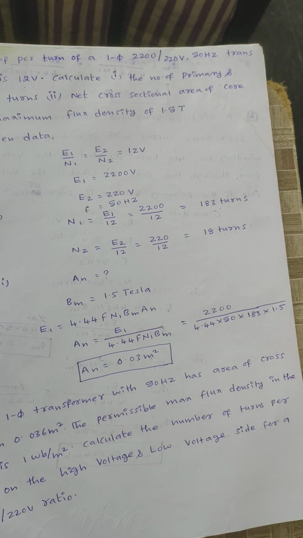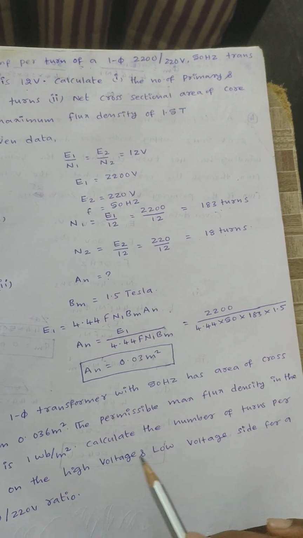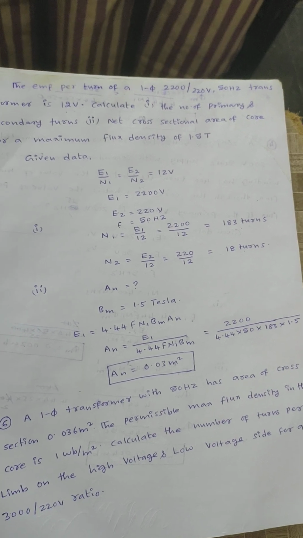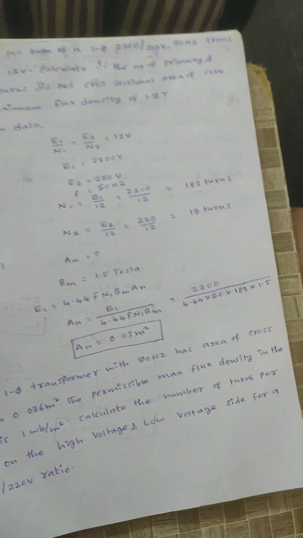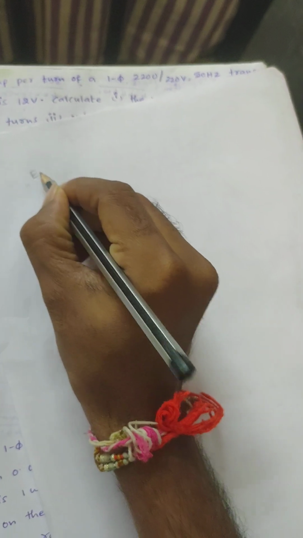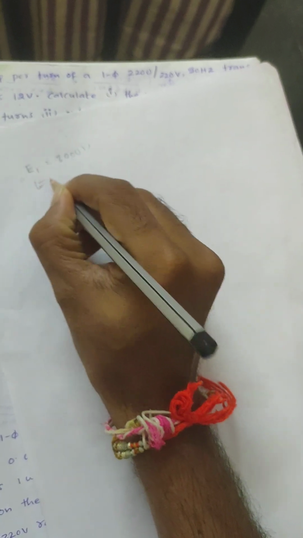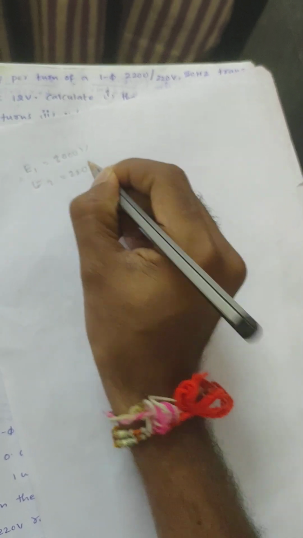Calculate the number of turns per limb on the high voltage and low voltage side for a 3300/220 volts ratio. What is given? E1 is 3300 volts. E2 equals 220 volts.